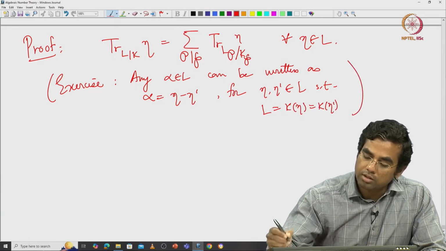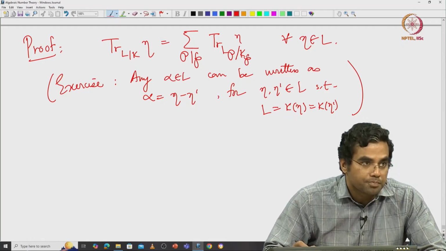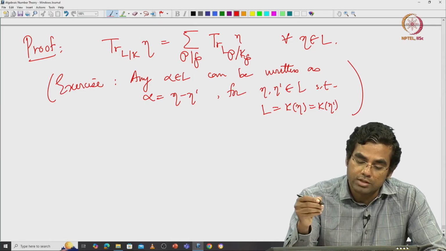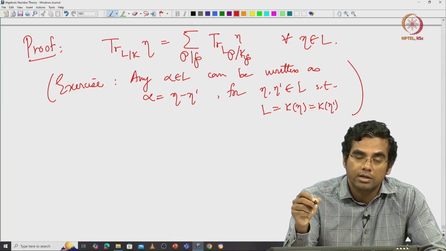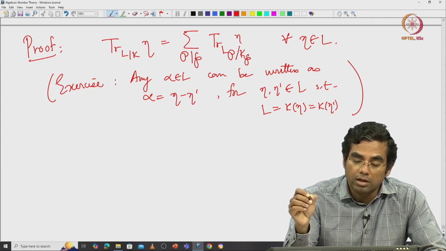So, any element of L can be written as a difference of two generators. That is what we used to prove this formula. We prove it first for generators, and then we use additivity of trace and this exercise to prove it for any eta in L.